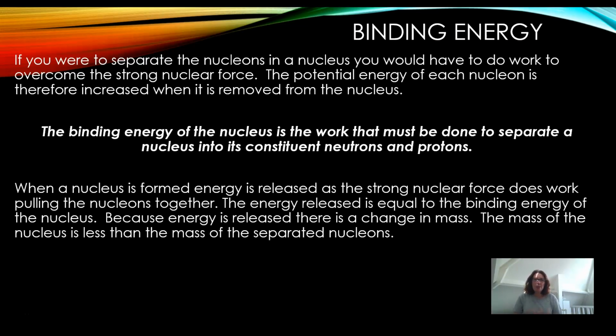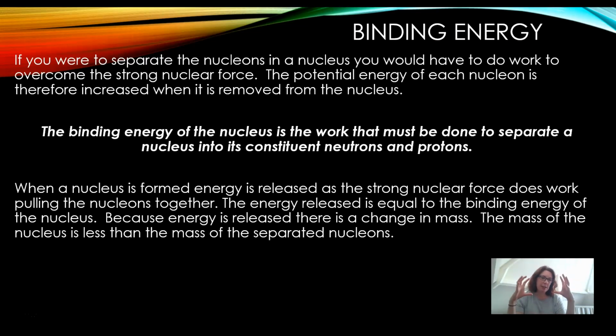When a nucleus is formed, the energy is released as the strong nuclear force does work pulling the nucleons together. The energy released is equal to the binding energy of the nucleus. So basically, when you make a nucleus, it releases energy, and the energy released is due to a change in mass.